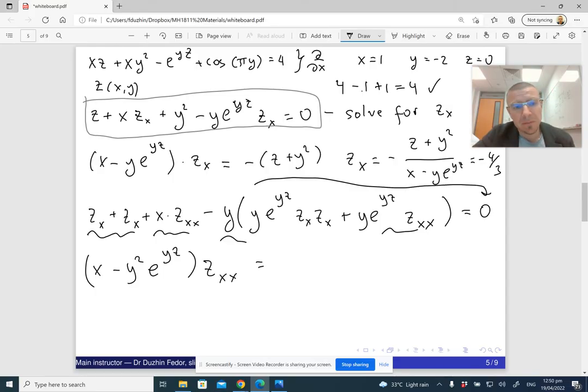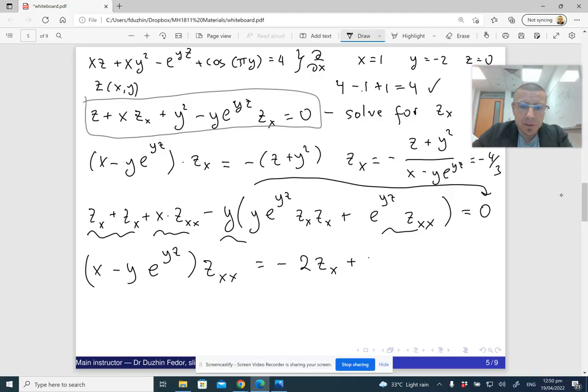So equals minus 2 z_x plus, oh sorry, there should be a y here. Yeah, sorry about that, a little error.